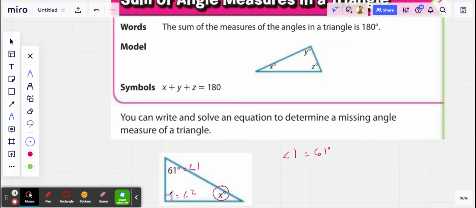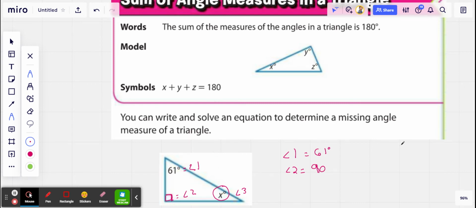What's angle 2 equal? Well, there's that square right in the left-hand corner of the triangle, so this means it's 90 degrees. This is a right triangle because it has a right angle. So angle 2 equals 90. This is angle 3, and we don't know what that is. If we add all of them up, it's going to equal 180 degrees.